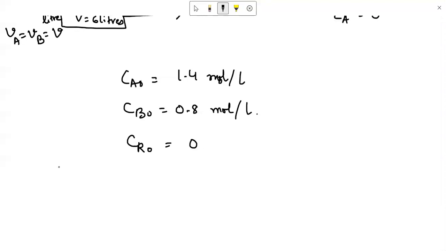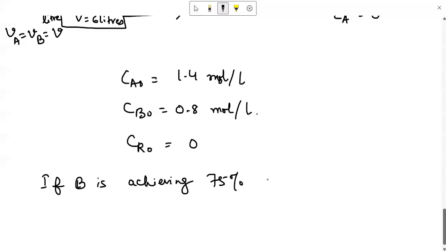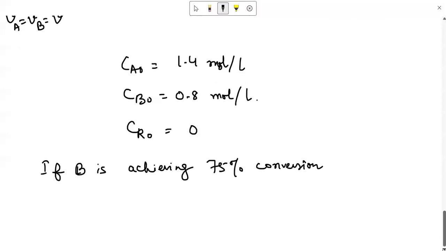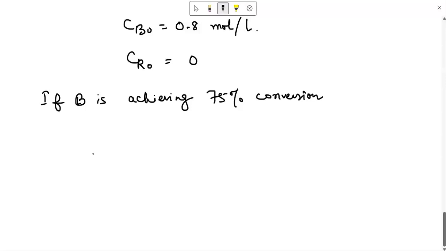So if B is achieving 75% conversion, then you can simply say Cb equals 0.8 minus 0.75 of 0.8 moles per liter.